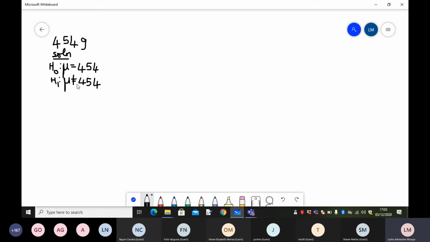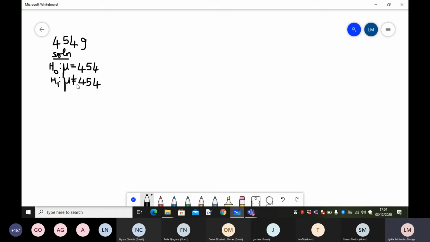And then as I was explaining, I said it is possible to reject H naught or not to reject H naught. So we also usually say that we may reject H naught or we may fail to reject H naught.